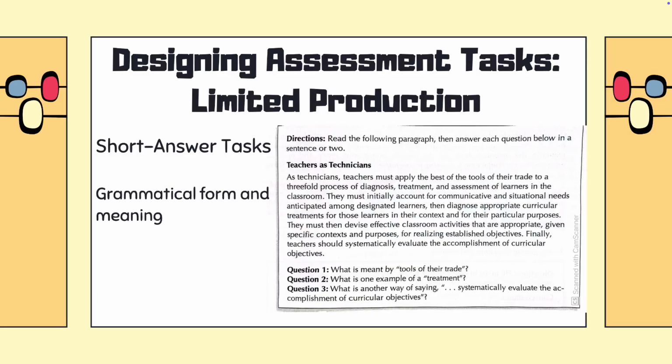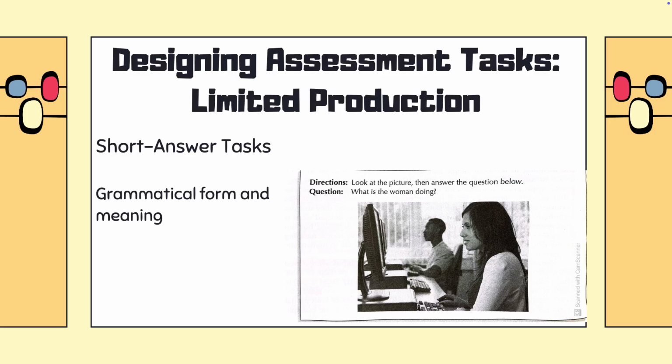Okay, so here's an example where it's focused on form and meaning. So read the paragraph, answer each question below in a sentence or two. Now remember, this is not a reading comprehension task, so the questions need to be based on grammatical form or grammatical meaning.